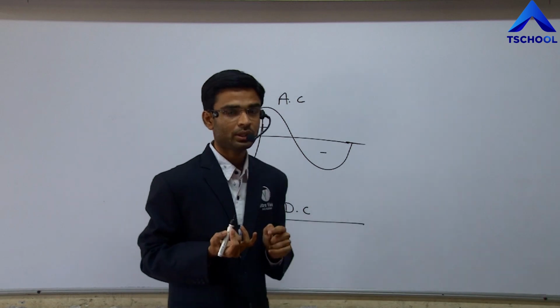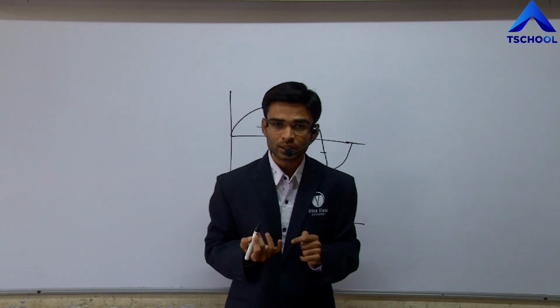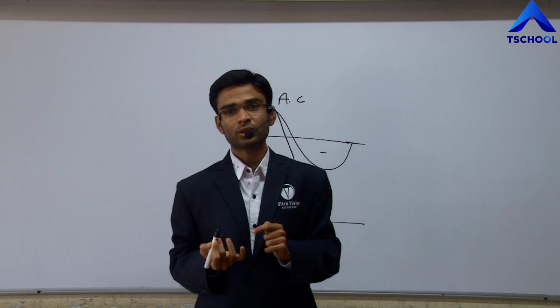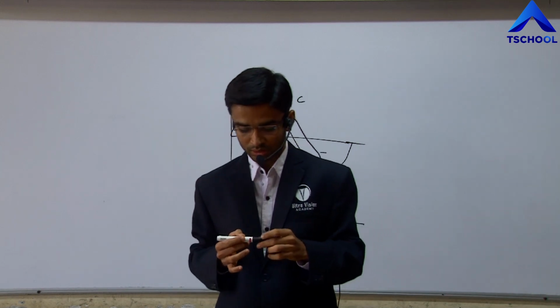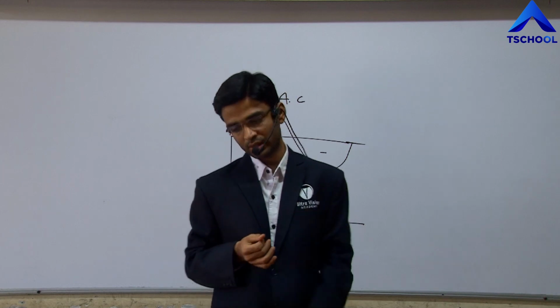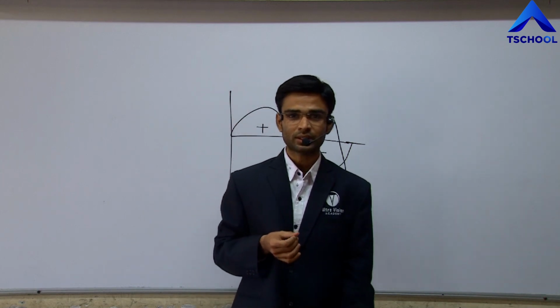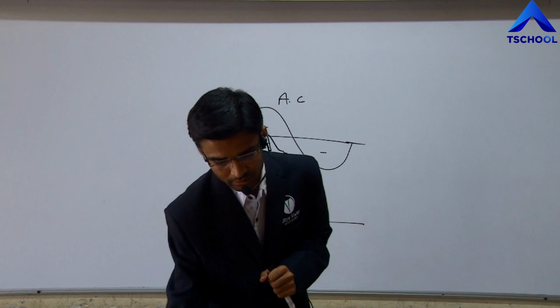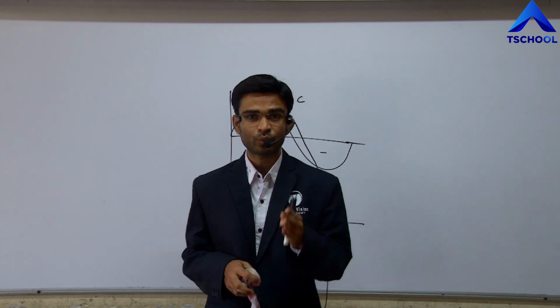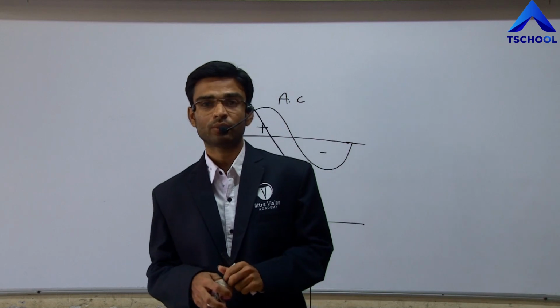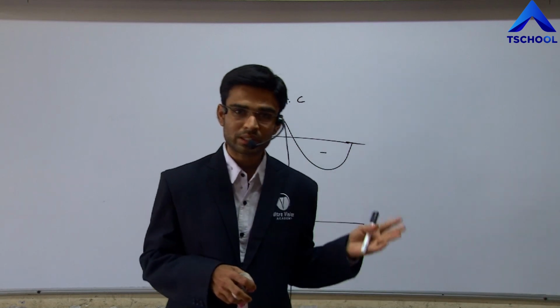So today we have learned about the application of the PN junction diode. The first one is the rectifier circuit. Among the types of rectifier circuit, the first one is the half wave rectifier. Why half wave rectifier, we will see.